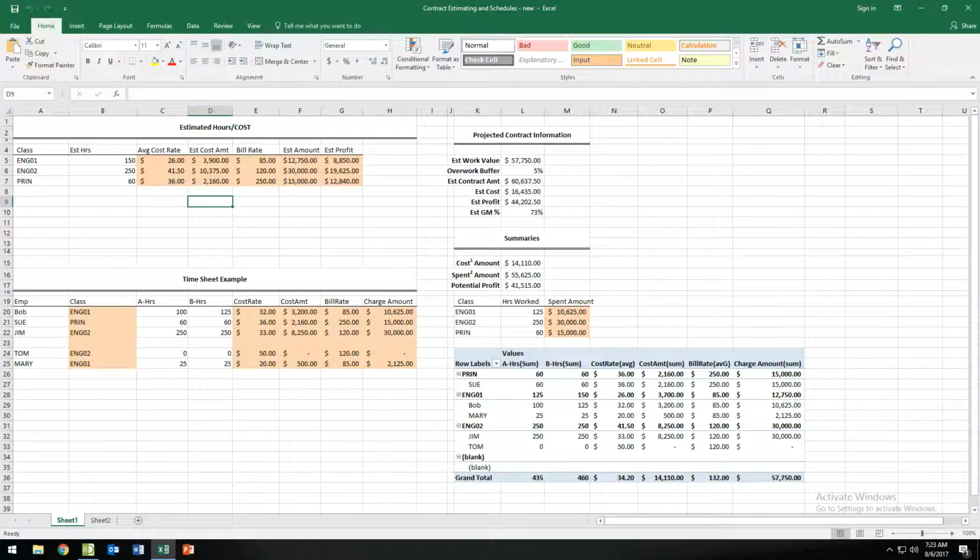So first off, how does BillQuick determine a bill rate? We're not going to talk about cost rate here. We're going to strictly talk about bill rate first. How does BillQuick determine the bill rate to your customer per time entry?